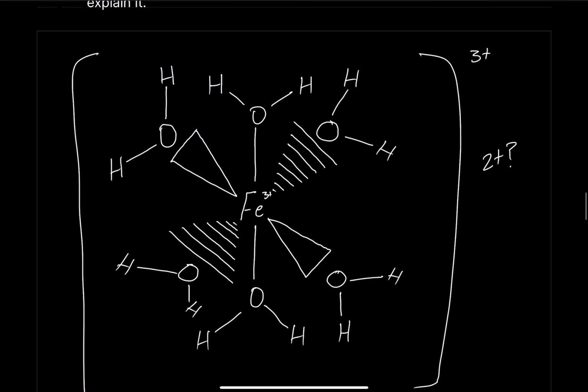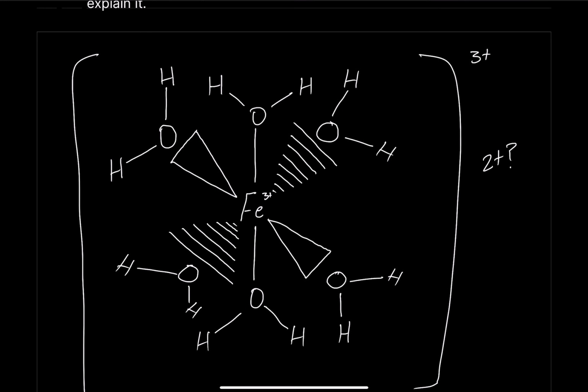So what's going on here is that ligands donate a lone pair of electrons to the Fe3+. Because this Fe3+ is so positive, I'm going to use this ligand here as the example.